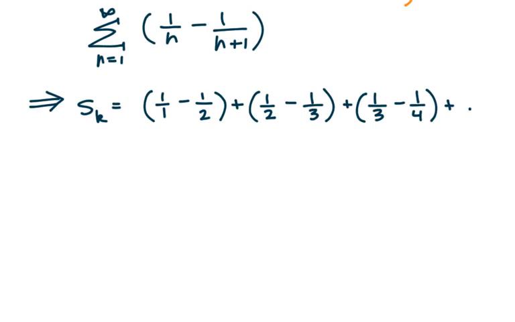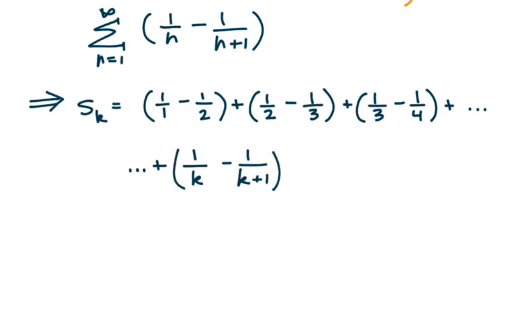We can continue doing this forever, but eventually, on the next line, we end up with 1 over k minus 1 over k plus 1.